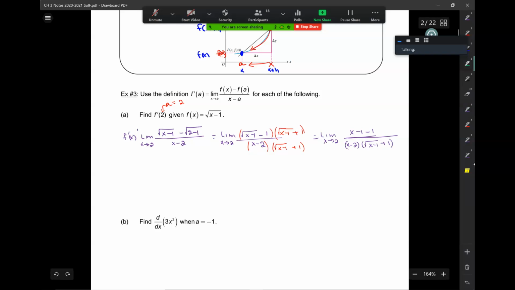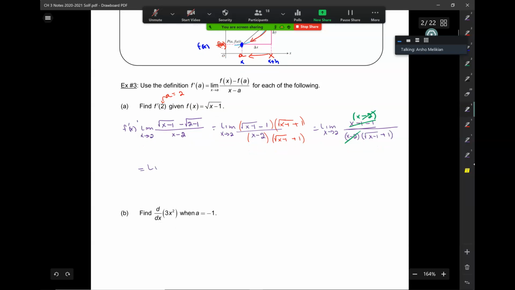Now here in the numerator, I'm going to get x minus 2. Those cancel. So I get that this is the limit as x approaches 2 of 1 over root x minus 1 plus 1. Now I put in the 2. So I get 1 over 1 plus 1, which is 2. Okay?